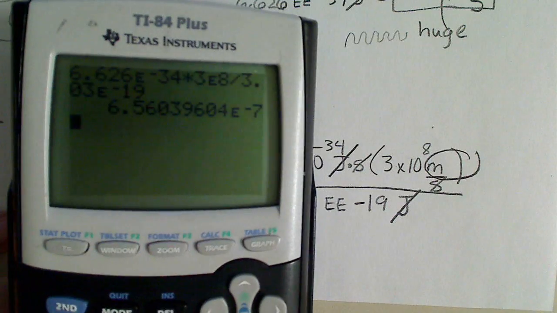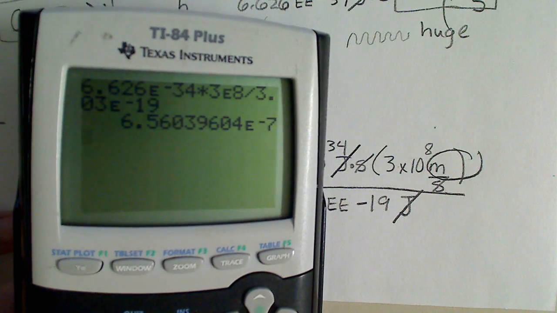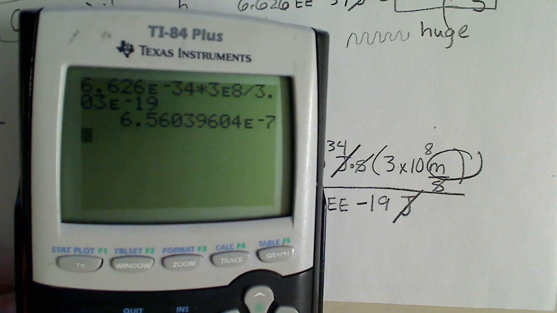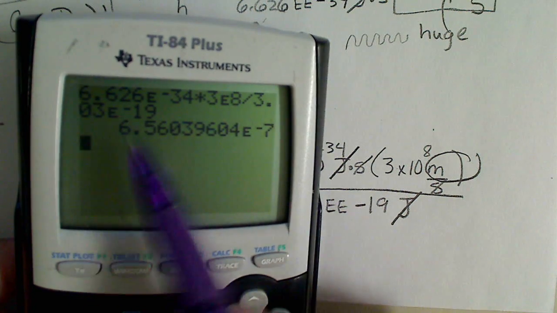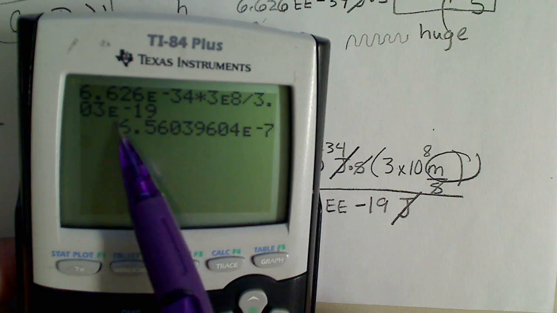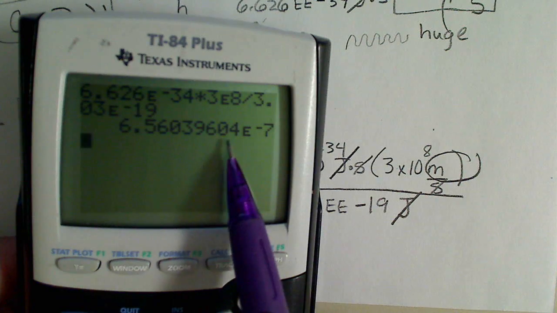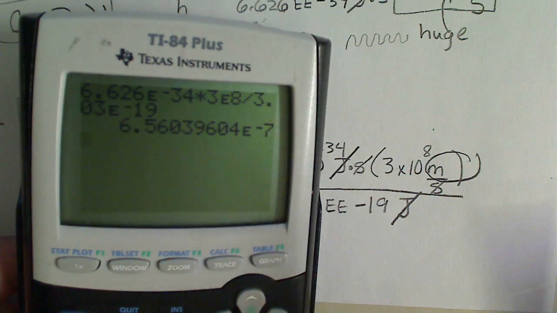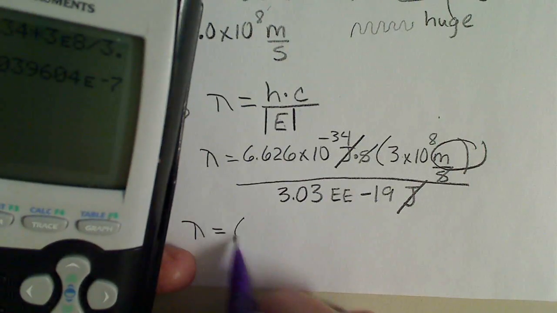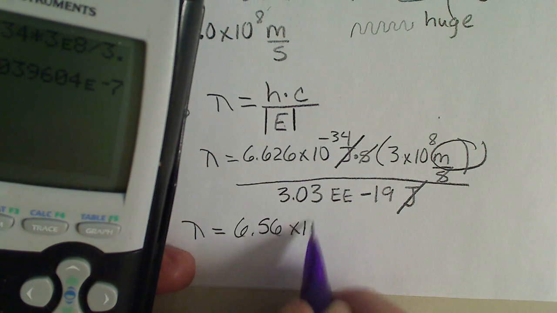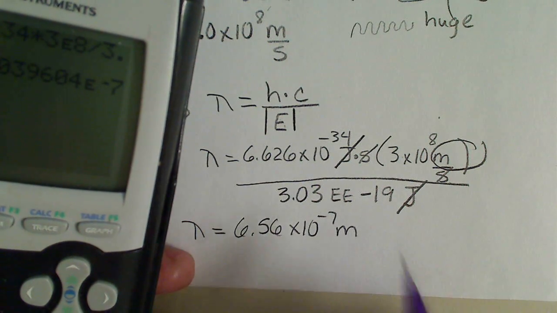So I hope that, yeah, that's right. So we'll get all that plugged in. Planck's constant times the speed of light divided by the energy that we just calculated, and we get 6.56 times 10 to the minus 7th, and that is meters. 6.56 times 10 to the minus 7th meters.